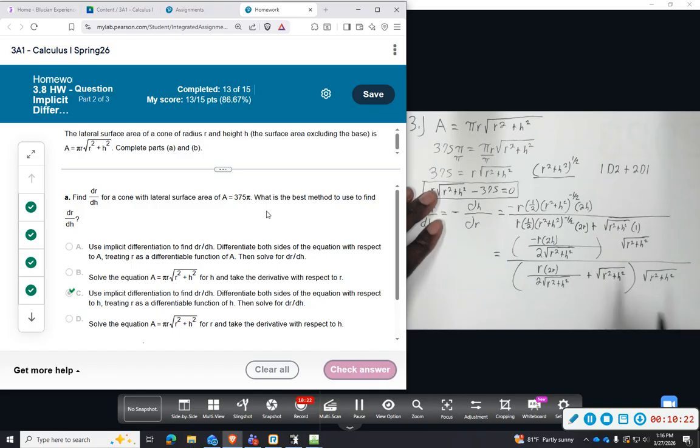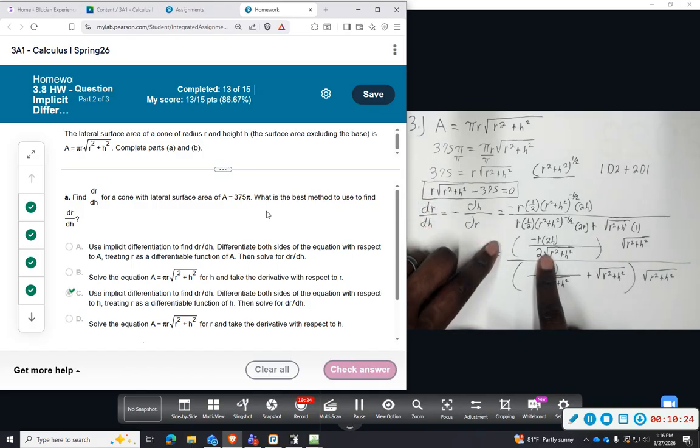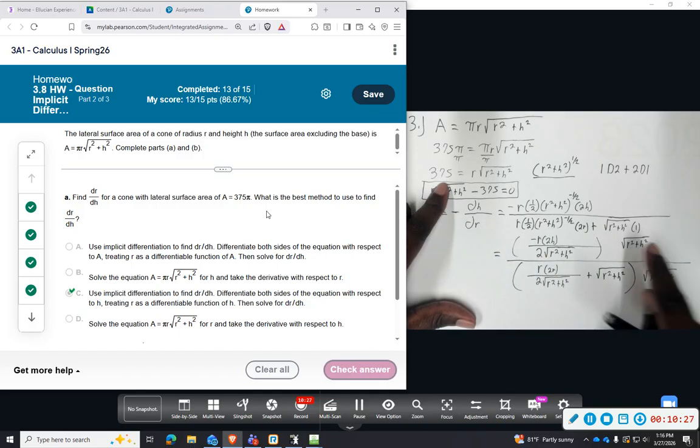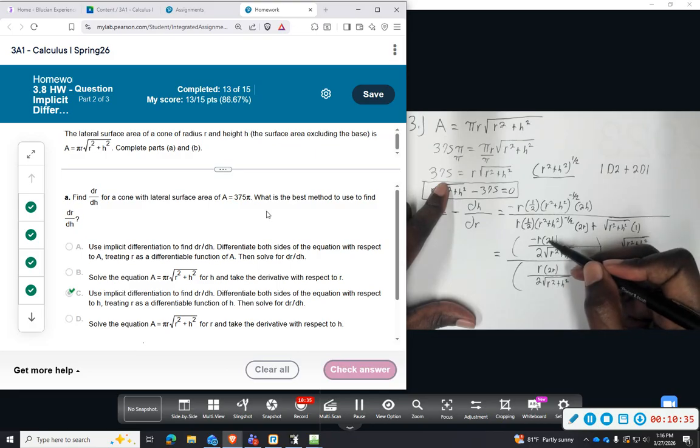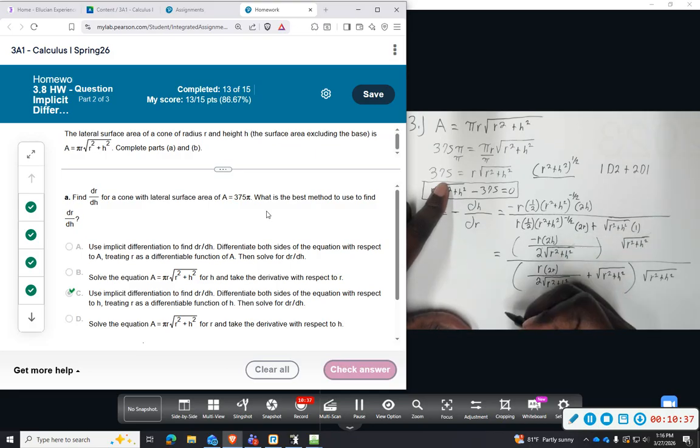Doing that because I want to get rid of these denominators. So here's what happened. We're going to use multiplication. It's going to also react with this division. So this part and this part cancel out. 2 divided by 2 is going to cancel out.